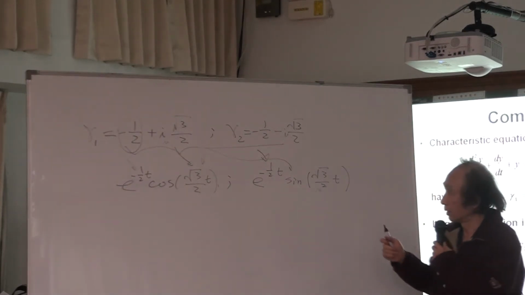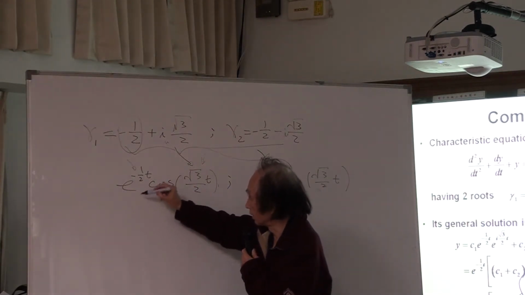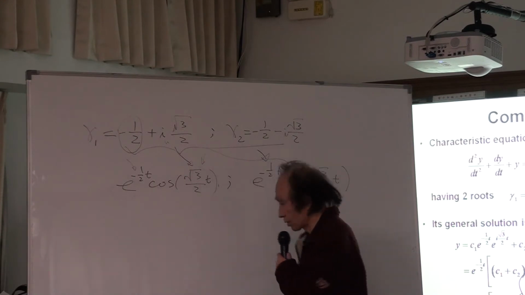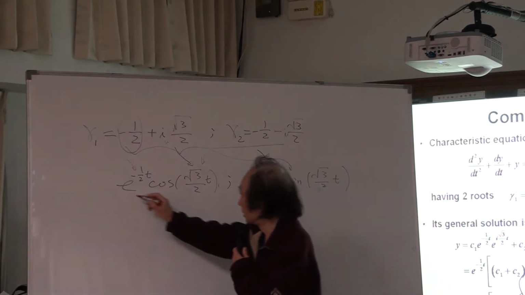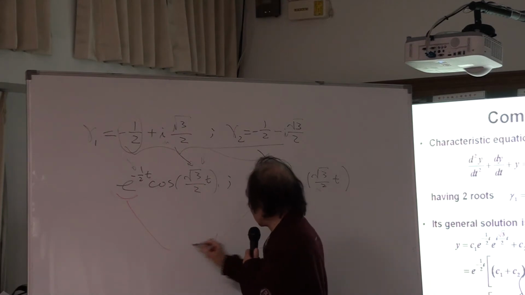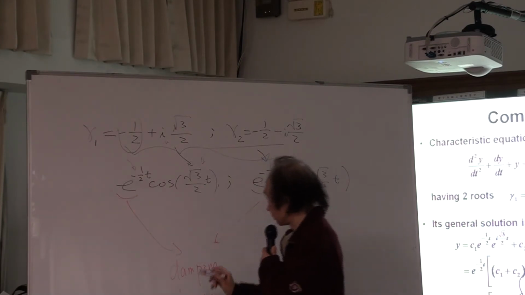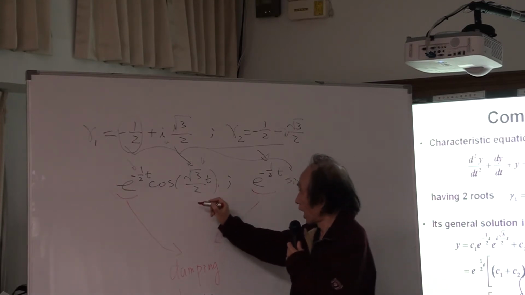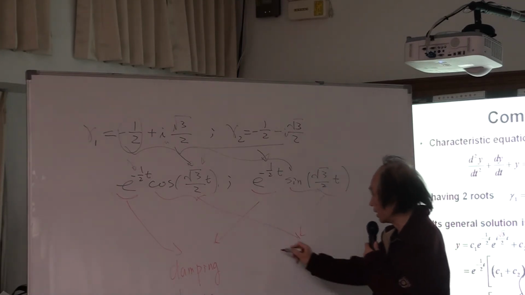Okay, so if you look carefully at this e term, this is what we call the damping term. And this cosine and sine is oscillating.